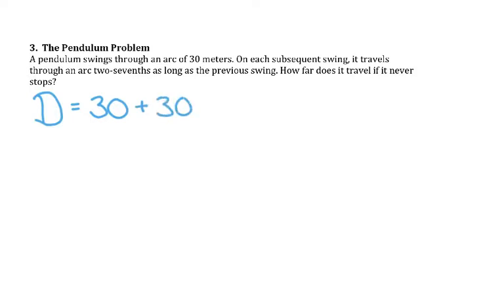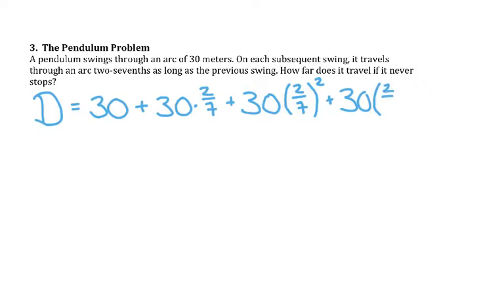Then it goes 30 meters times 2/7. The next swing, the third swing, is 30 meters times 2/7 squared. The next swing is 30 meters times 2/7 cubed. Then it's going to be 30 times 2/7 to the fourth power, and this keeps going forever.